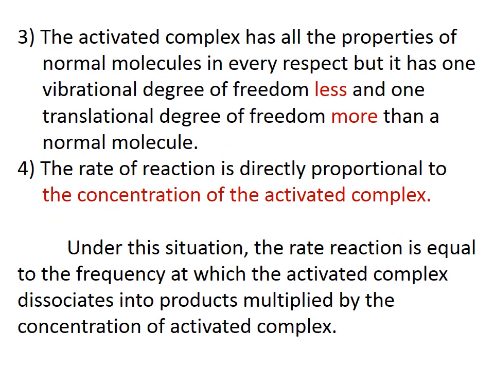And the third point: the activated complex has all the properties of a normal molecule in every respect, but it has one vibrational degree of freedom less and one translational degree more than the normal molecule. Here you note that for a normal molecule the translational degree of freedom is 3. For the activated complex it is one more, that is 4.